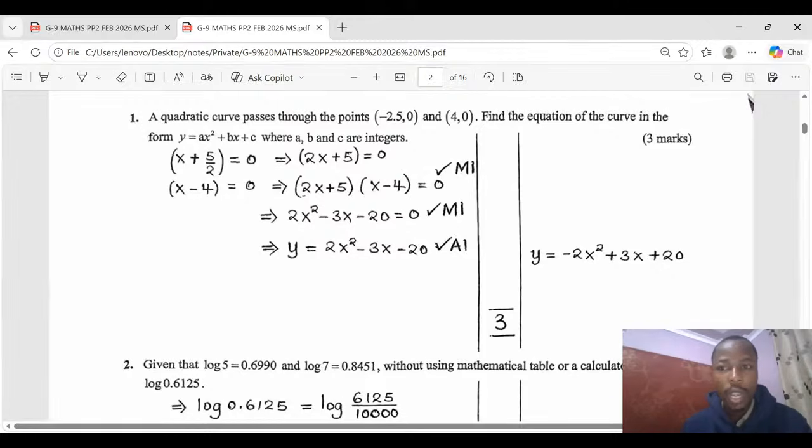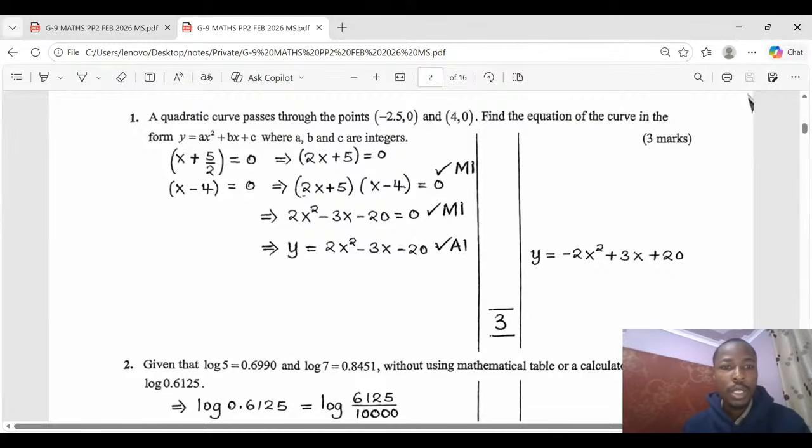Find the equation of the curve in the form y = ax squared + bx + c, where a, b, c are integers. When you are given only the points and you are supposed to come out with the equation of the curve, this is in Form 3 when you are studying quadratic equations.